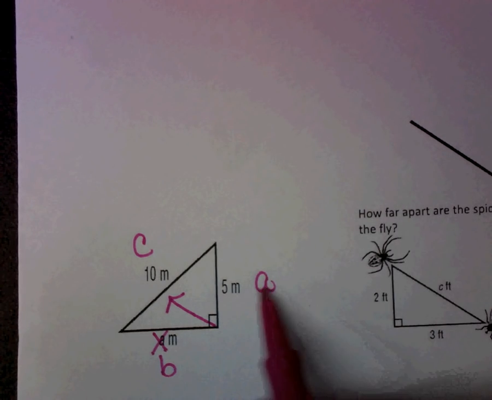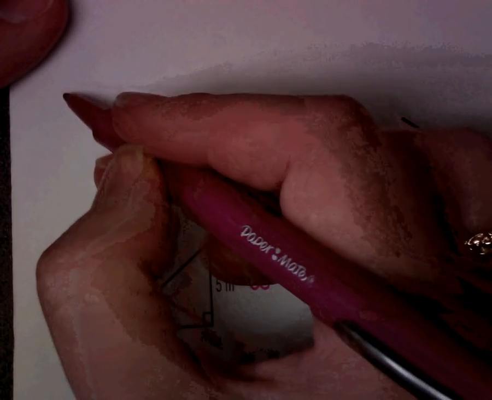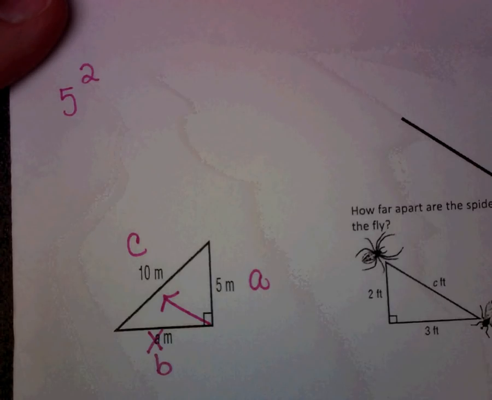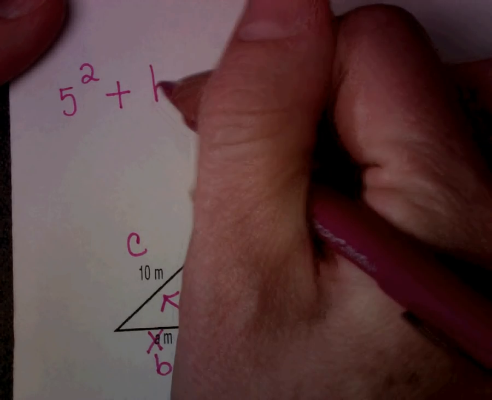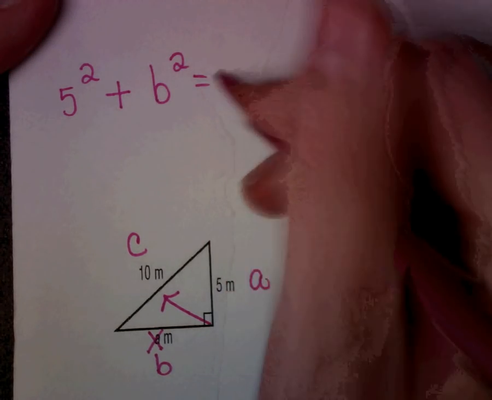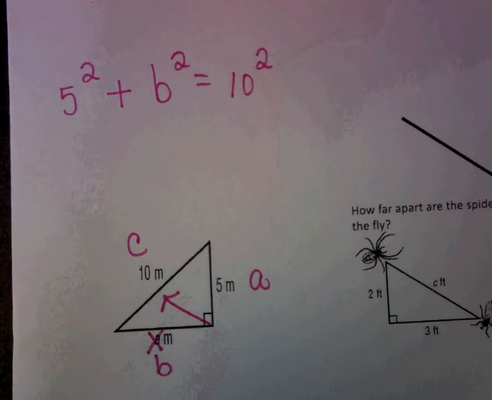So we know that side A is 5. This just stands for meters. So I'm going to say 5 squared plus, okay, this would be side B or side X. You can call it whatever you want. I'm going to go ahead and put a B equals side C, which is 10 squared.